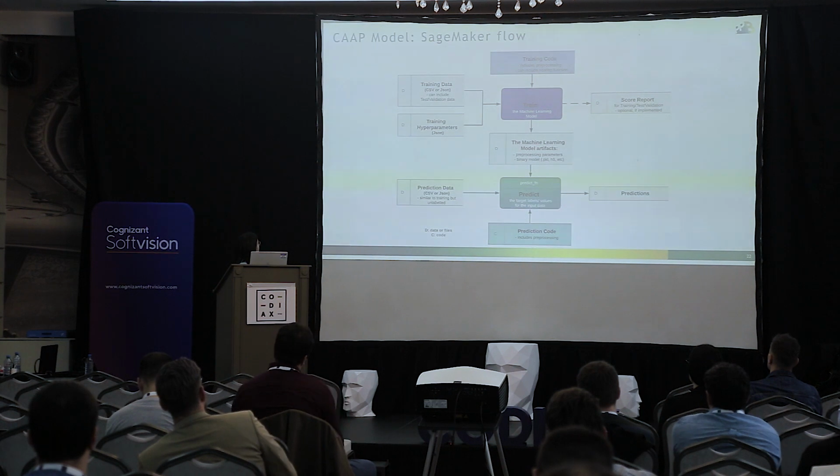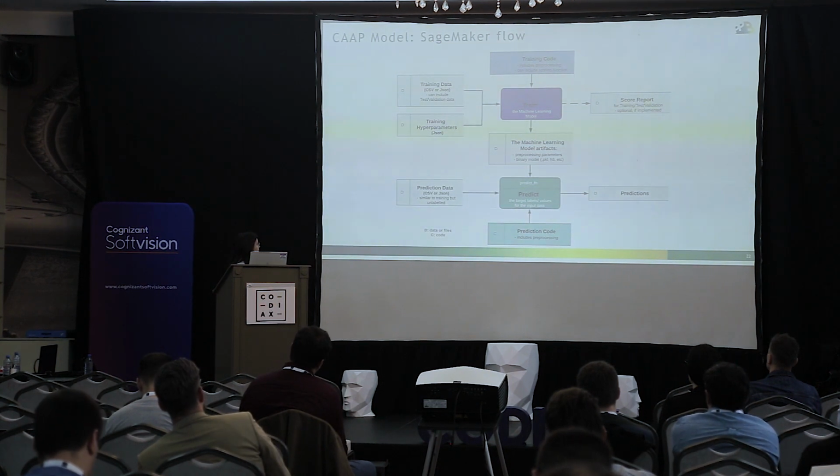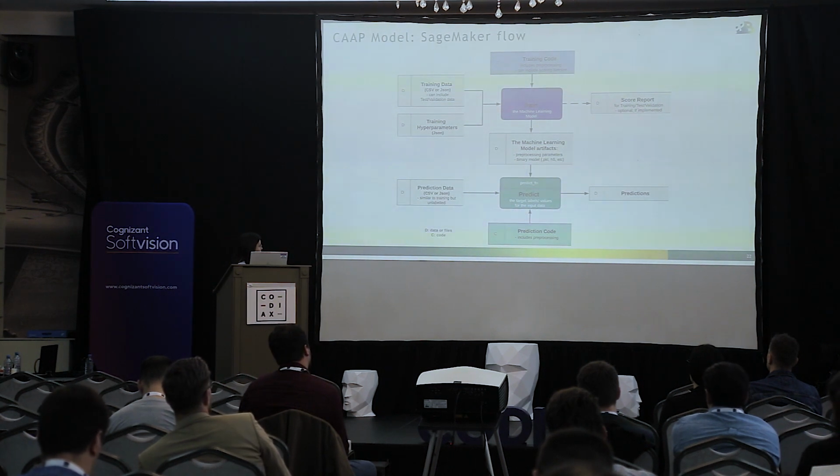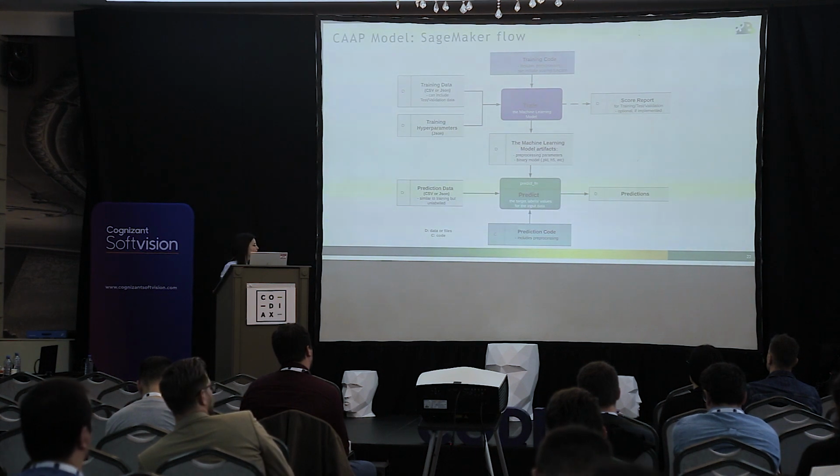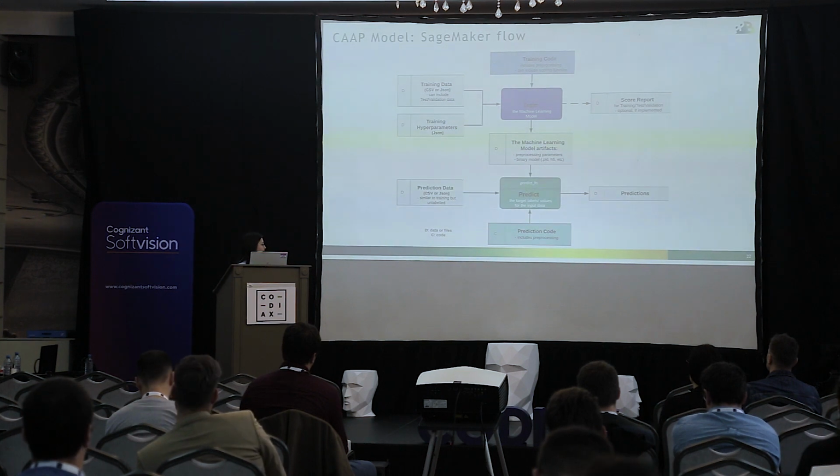Okay, so we also have training data and prediction data stored in S3, model artifacts also in S3, and then predictions at the path we provide to stream them back.